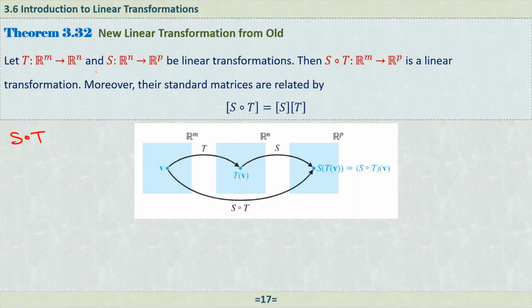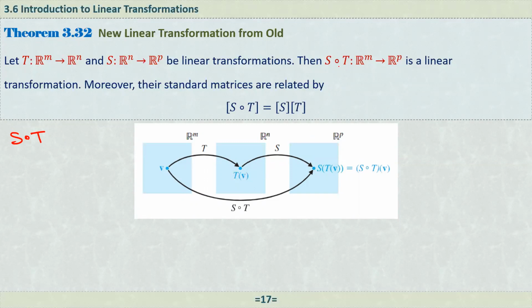This theorem says: let T be a linear transformation that takes a vector from m-dimensional space to n-dimensional space. So here we have vector V, which is living in m-dimensional space, and by this transformation we are taking it to n-dimensional space. And we are given another transformation S, which takes a vector living in n-dimensional space to p-dimensional space.